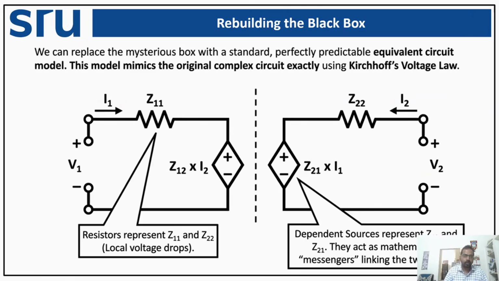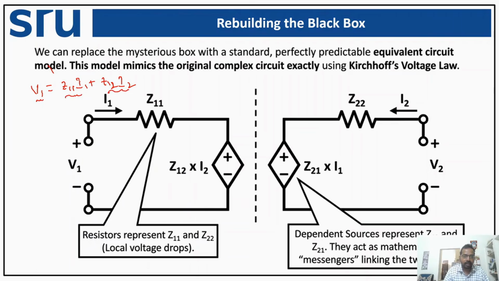So we have two equations. Here we have V1 equal to Z11 I1 plus Z12 I2. If you look here, the voltage is divided into two parts.